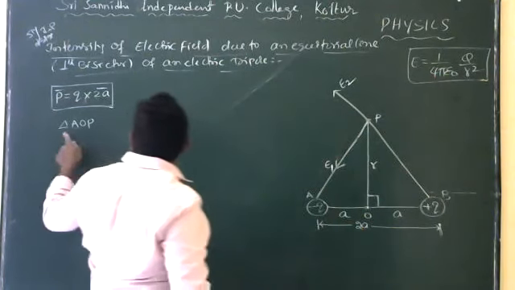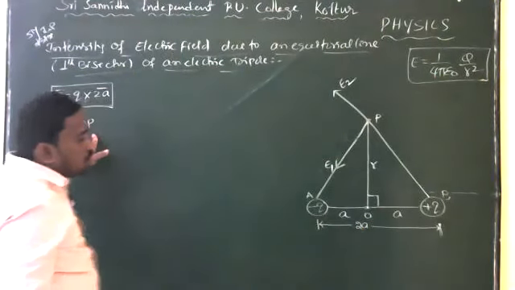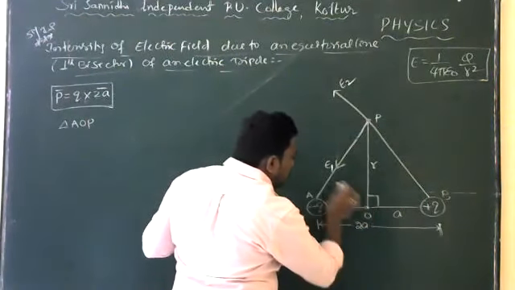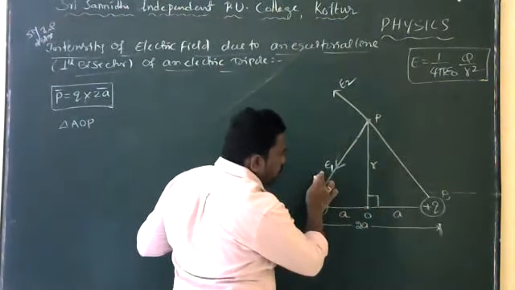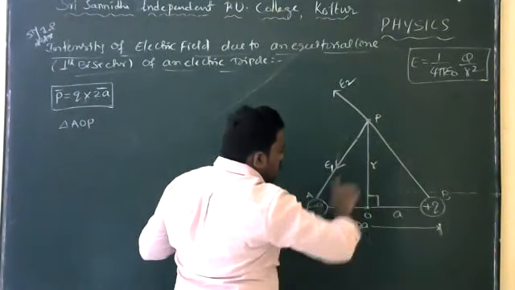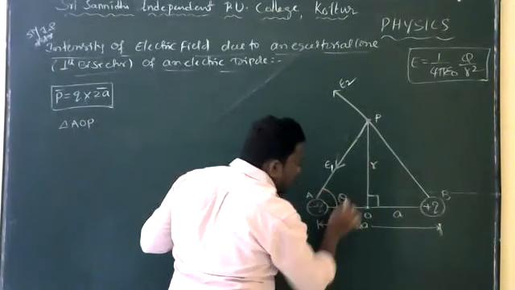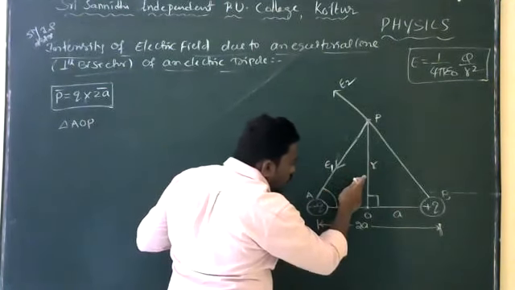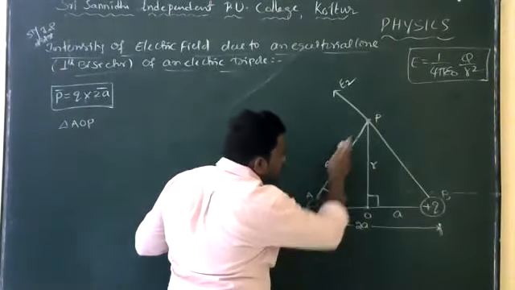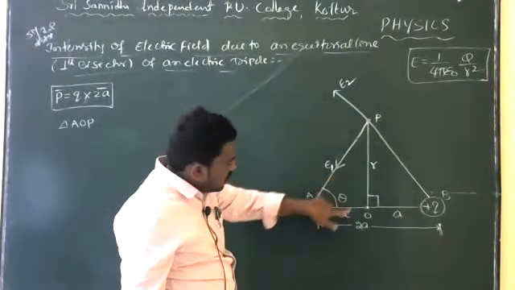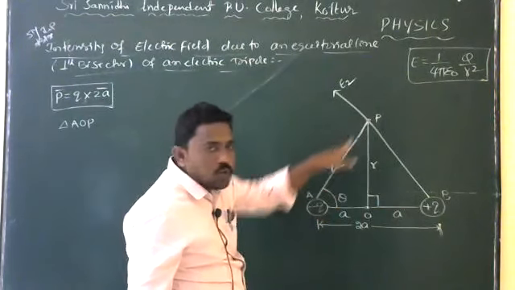Here in triangle AOP we apply the Pythagoras theorem. This is perpendicular, this is also perpendicular, and this is the hypotenuse. This is angle theta, with the opposite and adjacent sides, and this is the hypotenuse.